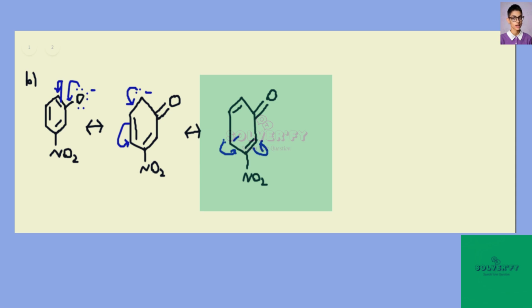Essentially what's happened is the lone pair skips over the carbon where the nitro group attaches to the ring. And so those electrons don't have the opportunity to delocalize onto that nitro group.